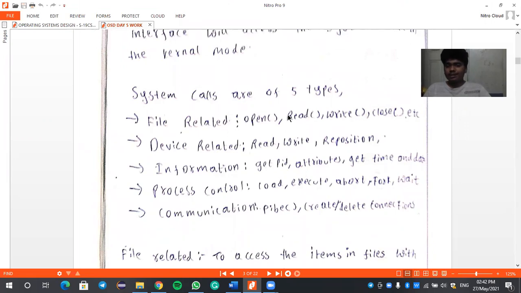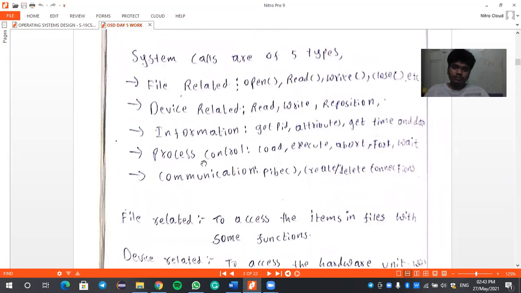Let me read these commands: open, read, write, close, reposition, get PID, attributes, get time and date, load, execute, abort, fork, wait, pipe, create, delete, connections. Except for the information related call get PID, which I will discuss, the remaining ones are normal English, and we know open, read, write and the rest very well. So these are the 5 types of system calls.